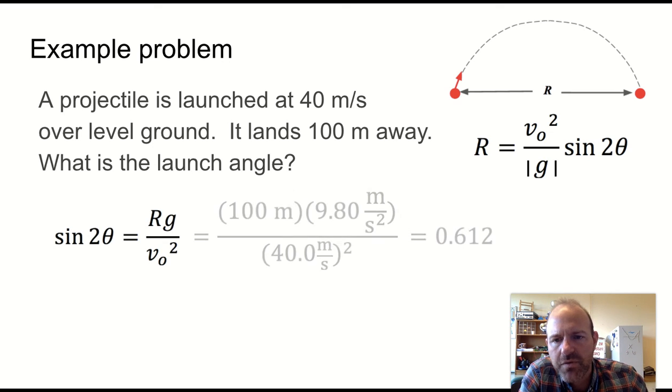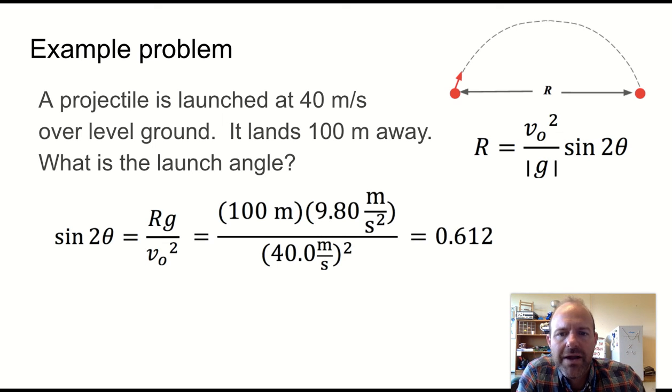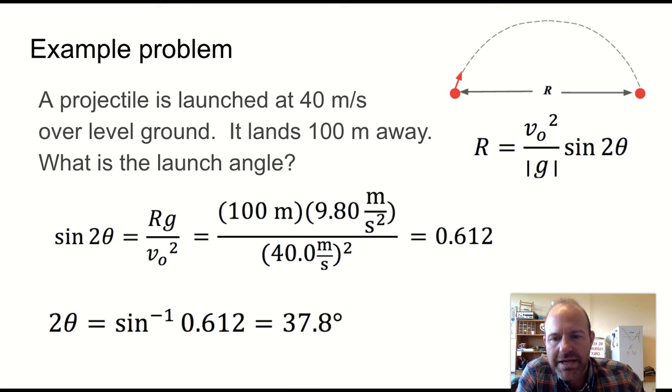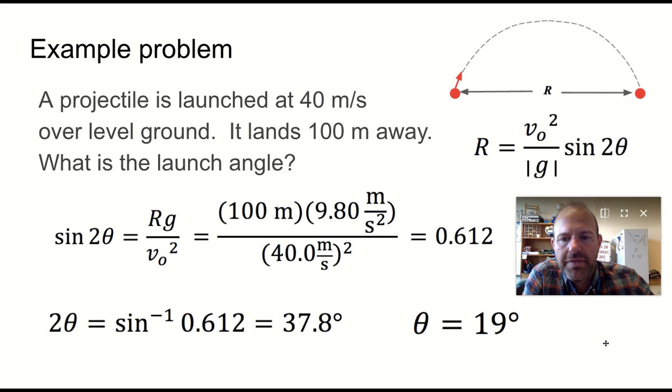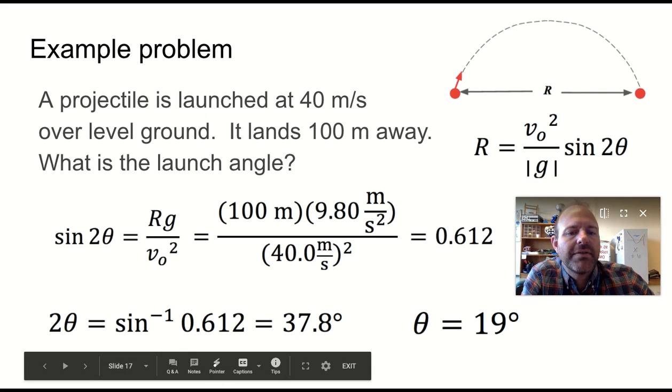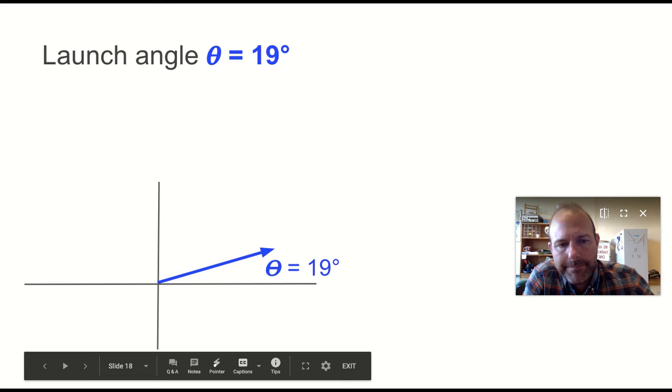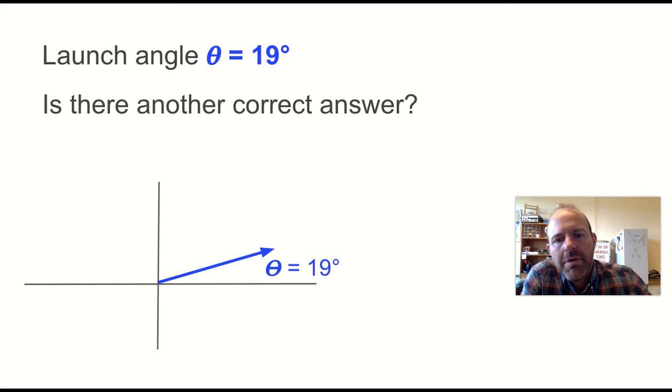We can solve this for the angle, and we find that the sine of 2 theta is 0.612. We can use an inverse sine, and we find that 2 theta is 37.8 degrees, so theta is then 19 degrees. But the question is, is there another correct answer?